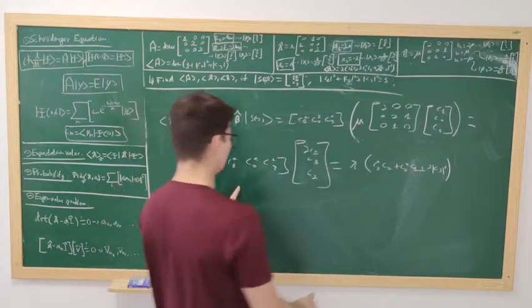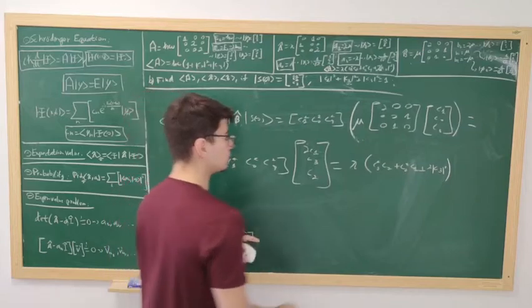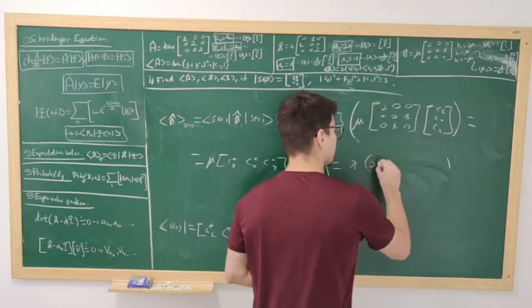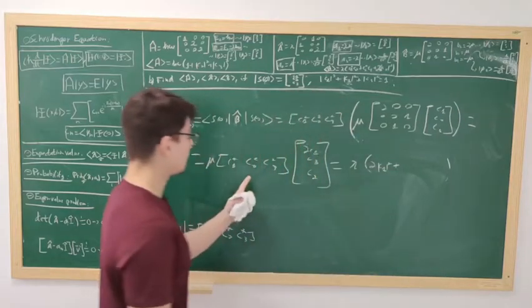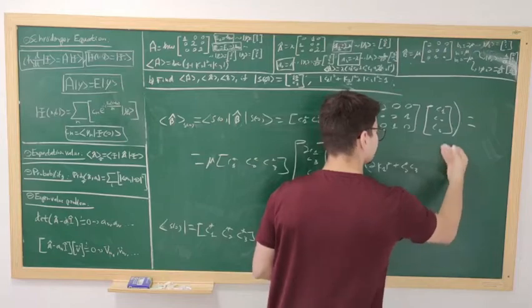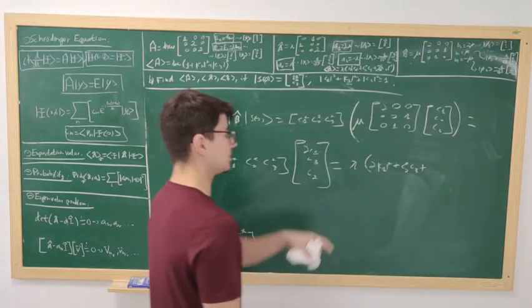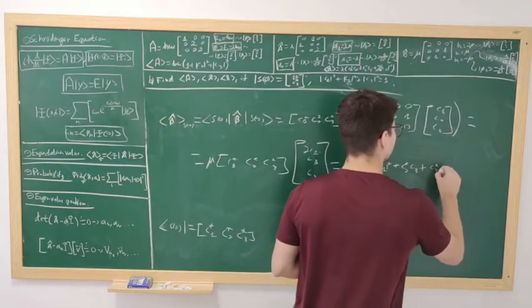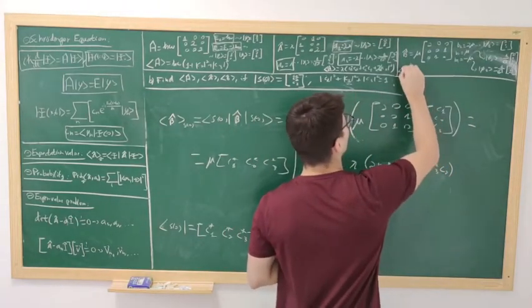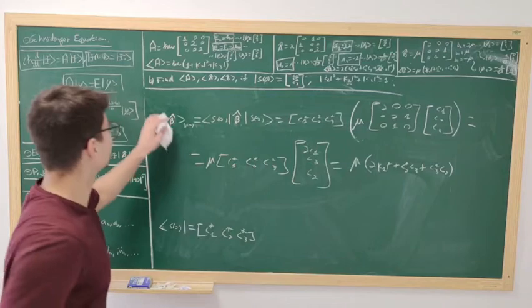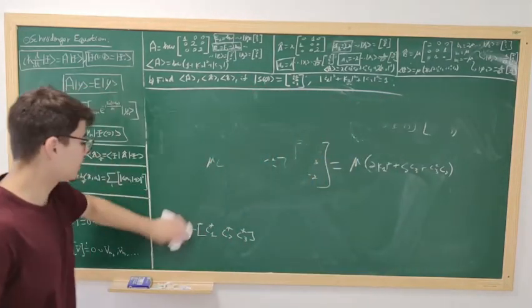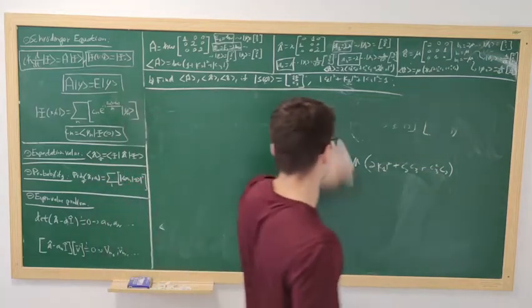We'll get mu times (2C1 squared plus C2 complex conjugate C3 plus C3 complex conjugate C2). That will be our expectation value. Yeah, that will be it. So this is the second part of our exercise.